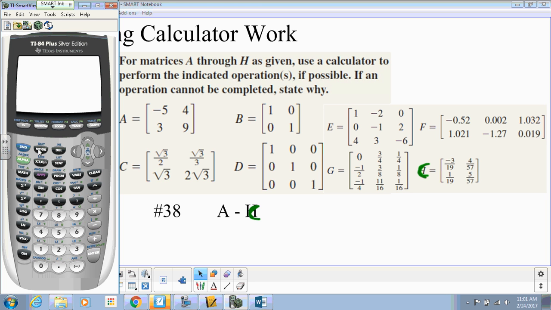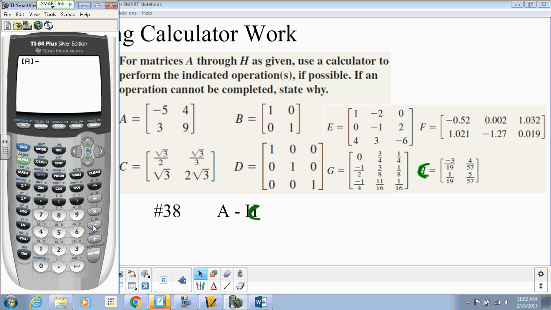Okay. So this is where I have to do all the operations. Now I want to do A minus H, or what I've called C now. So I do have to go back to matrix to call up matrix A. But this time I'm under names, not editing. So I go to matrix and select A, and then I do minus.